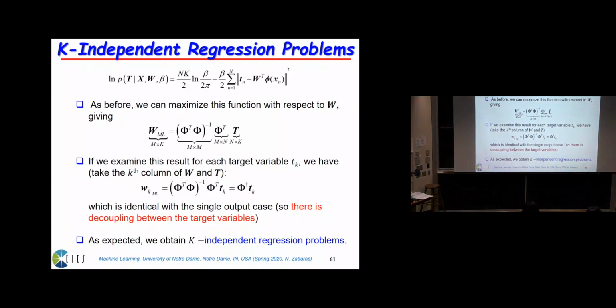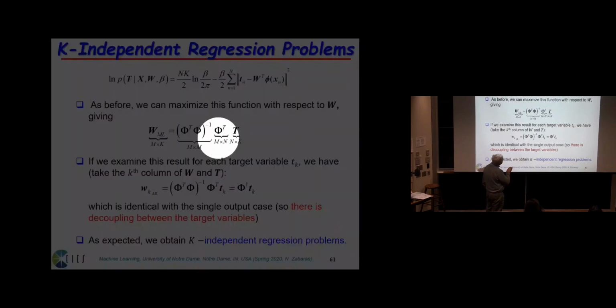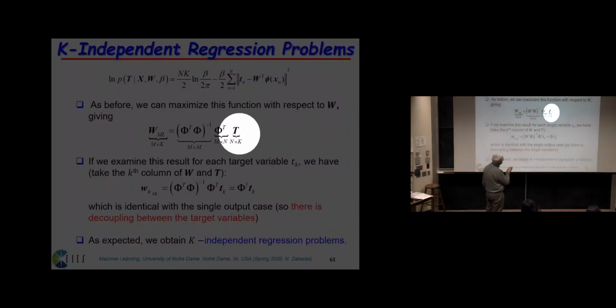Remember in scalar regression, this capital T was little t that involved T1, T2, Tn, right? The response was scalar. So this was from my training data. But now the response is a k-dimensional vector, so this capital T is n times k.